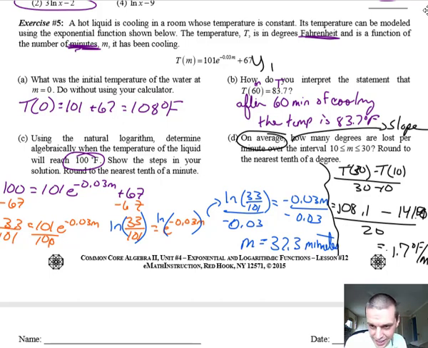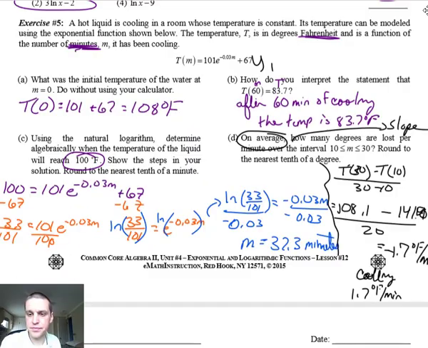Notice that this is negative, so it is cooling at 1.7 degrees Fahrenheit per minute. It's cooling on average, I should say here, at a rate of 1.7 degrees Fahrenheit per minute.